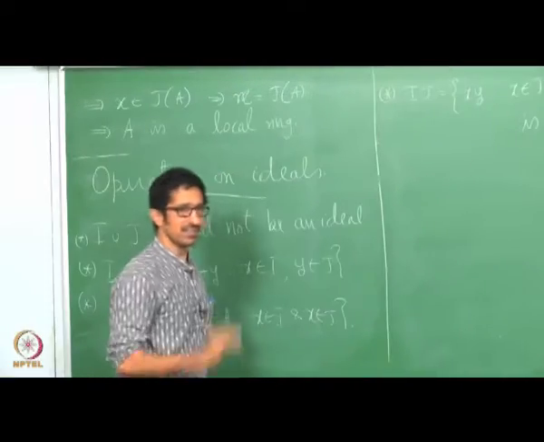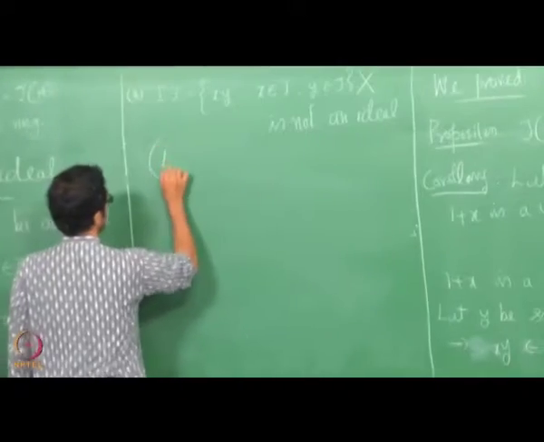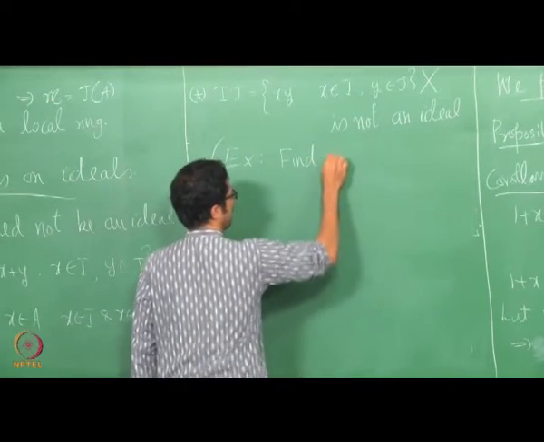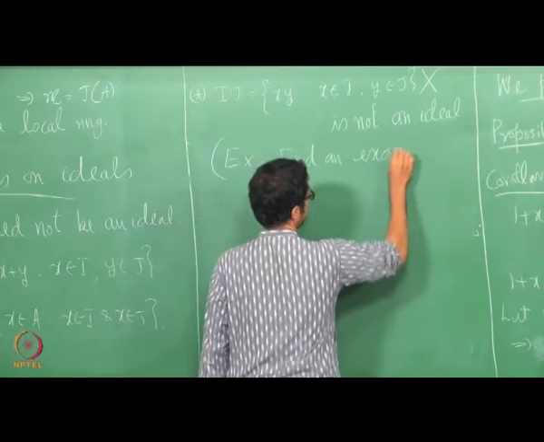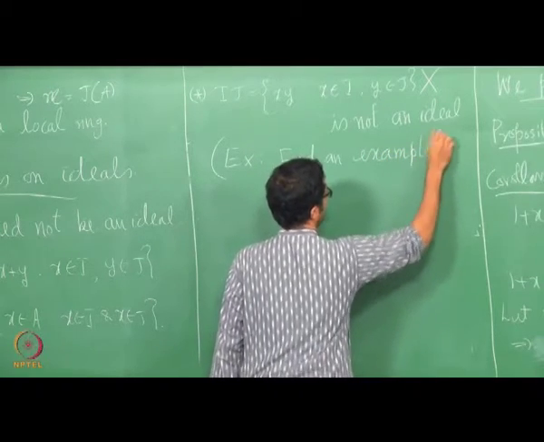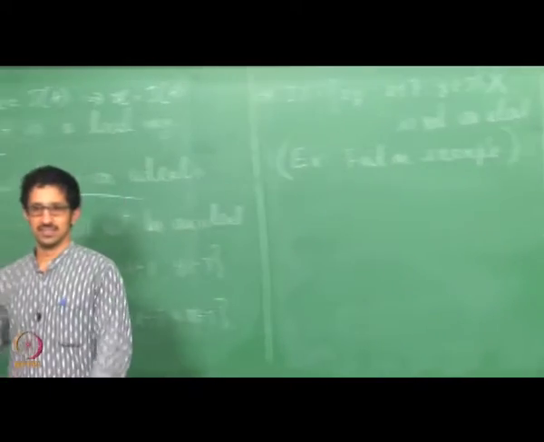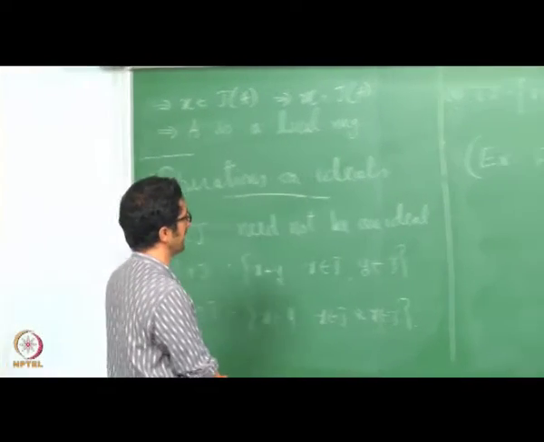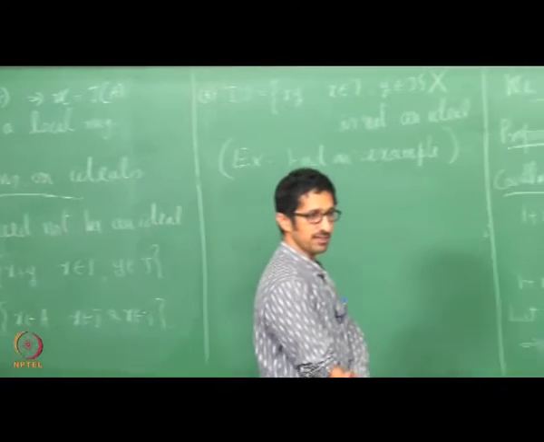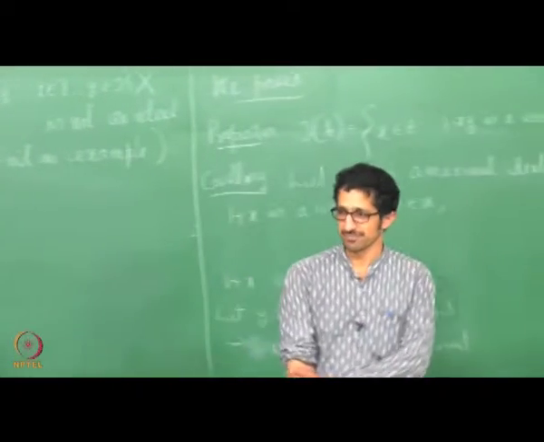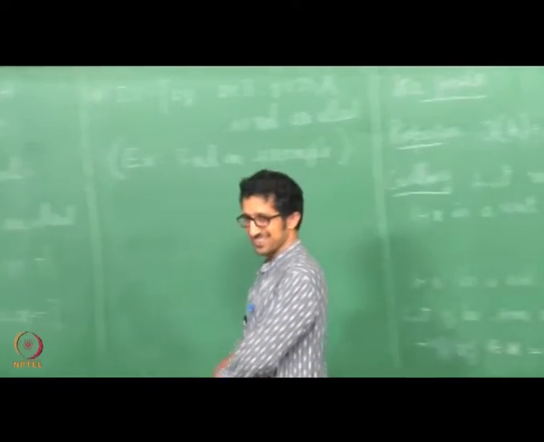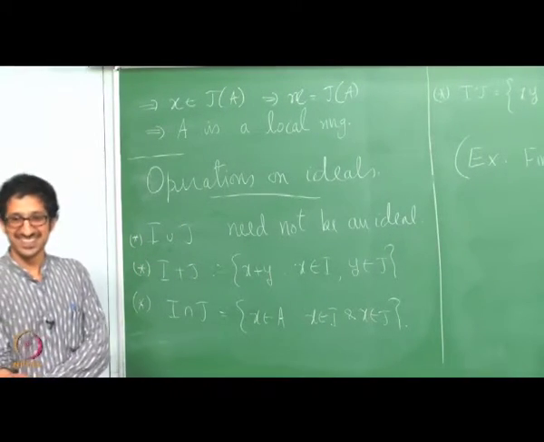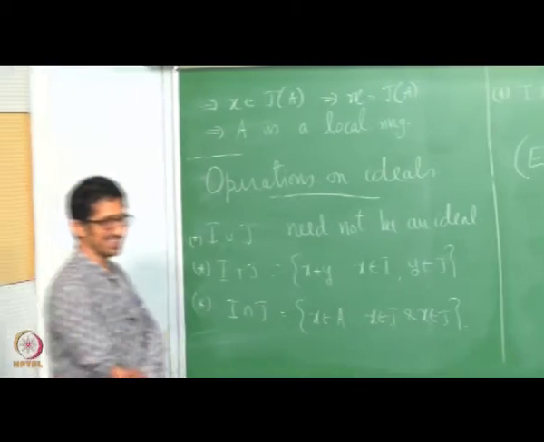Okay. I will leave it to you as an exercise to find an example. Where will you look? If you look for an example in Z, sorry, it's a PID.